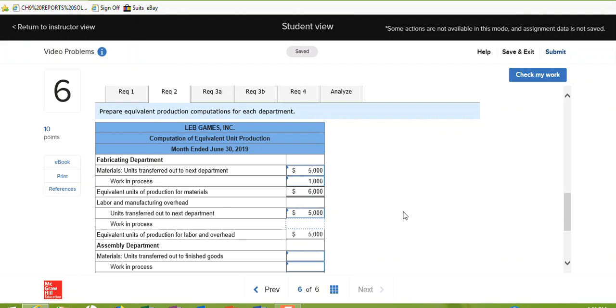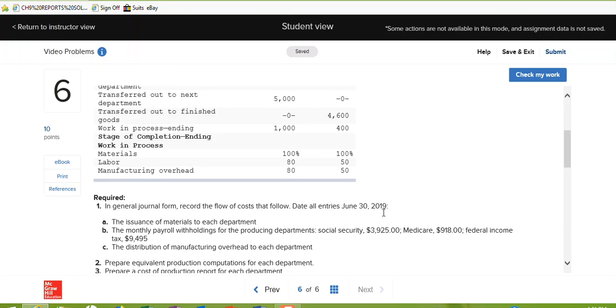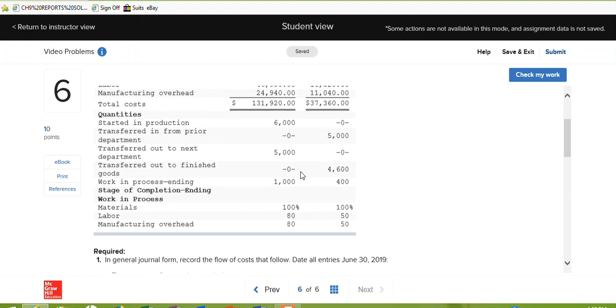Our units that are in process, as far as labor, I think it said they were 80% complete. Yeah. So our work in process is only 80% complete in terms of labor. In other words, we're going to have to apply another 20% worth of labor hours to the stuff that's in process before it's done.